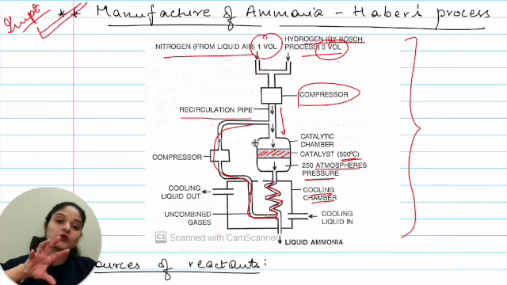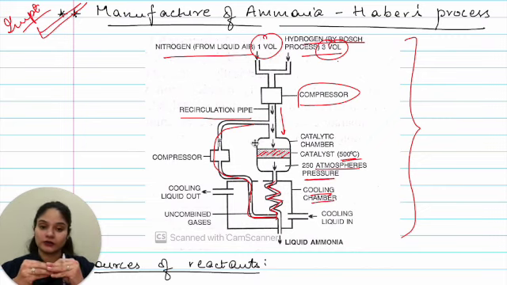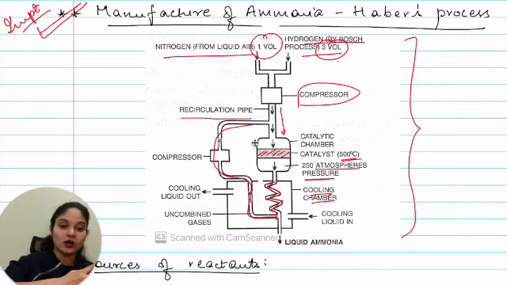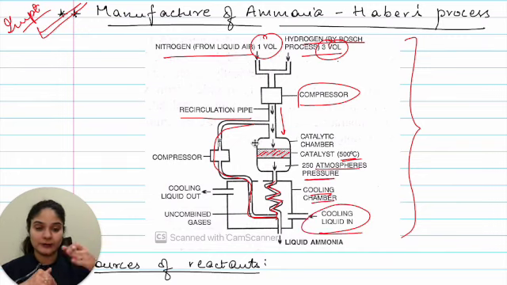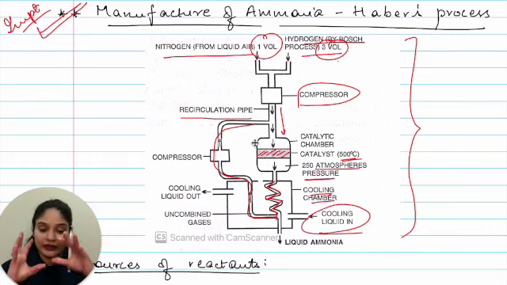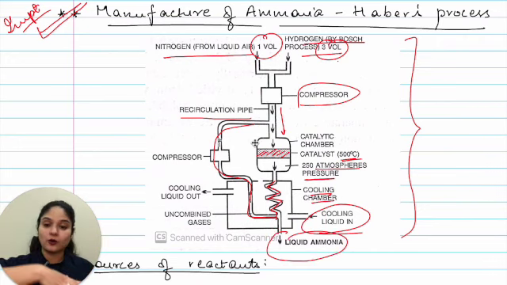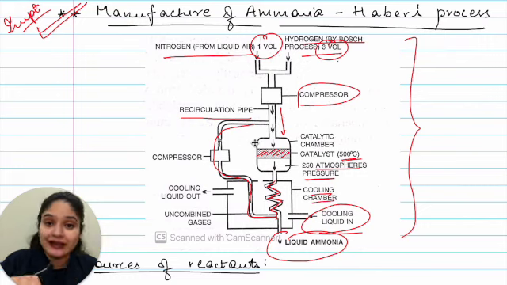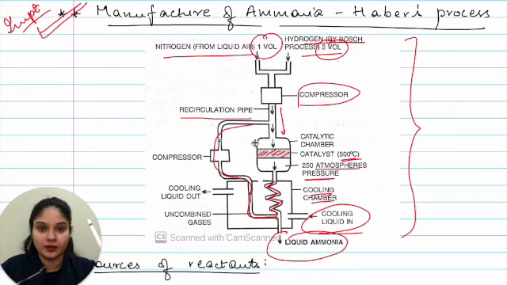Whatever gas is formed, the liquefied gas, would move on with the cooling liquid coming in, cooling it out. The liquid ammonia goes out of the apparatus and all the uncombined gas will go back into the apparatus and start the process again. So in this way, we do not waste any gas that we are using.